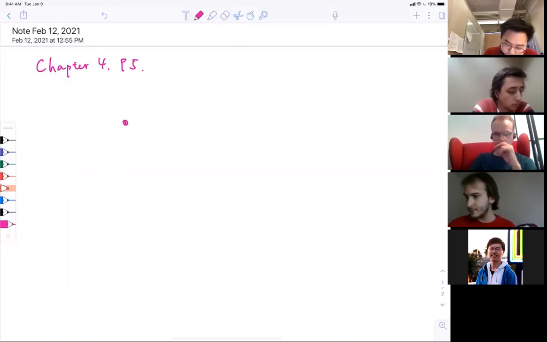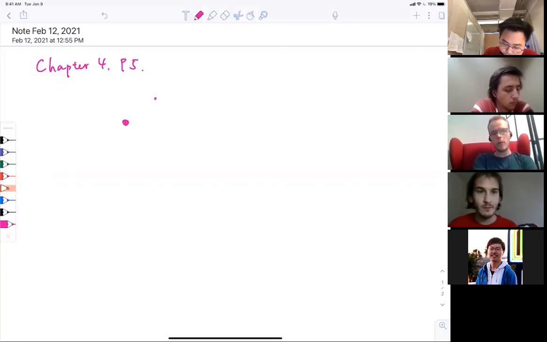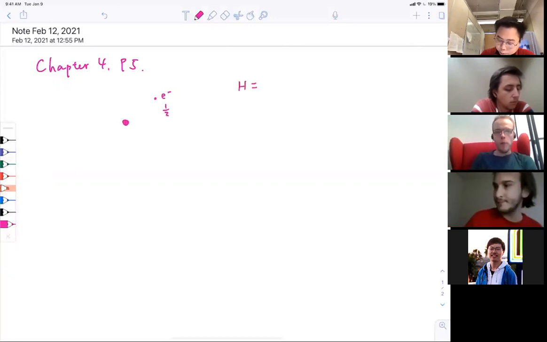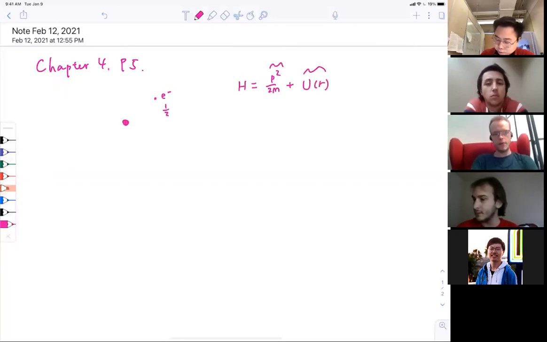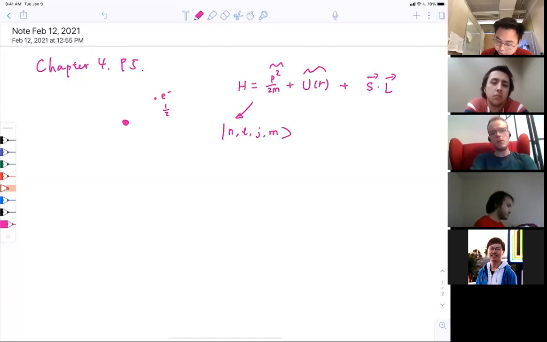Okay, so imagine you have an atom and there's an electron. Electron spin 1/2. Of course, we usually start with a Hamiltonian that looks like this. We have some kinetic part and also some potential. And we also have some spin orbital coupling. Then this would give us the eigenstate like N, L, J, M, right?